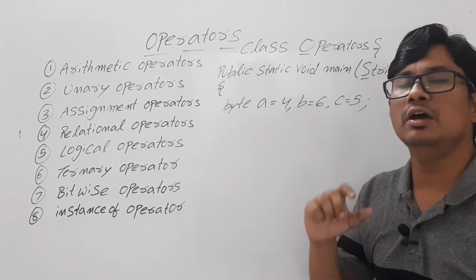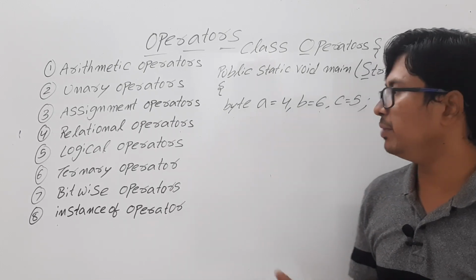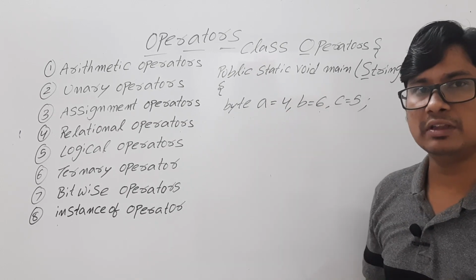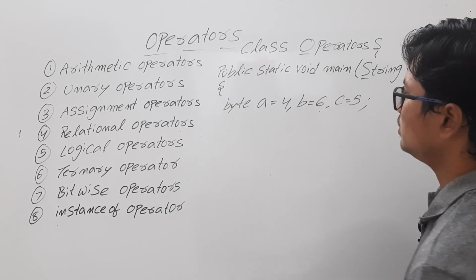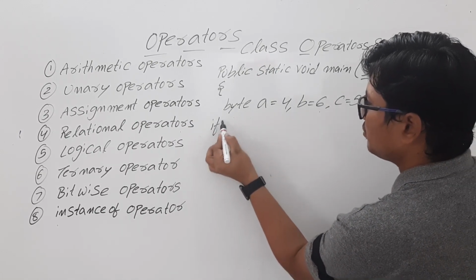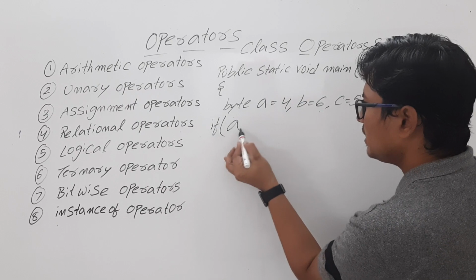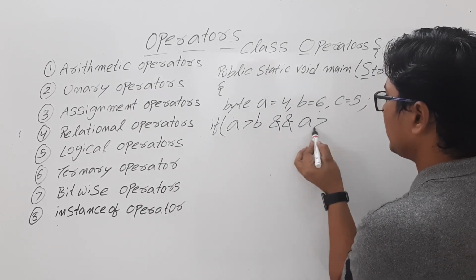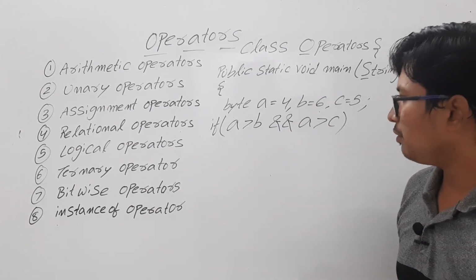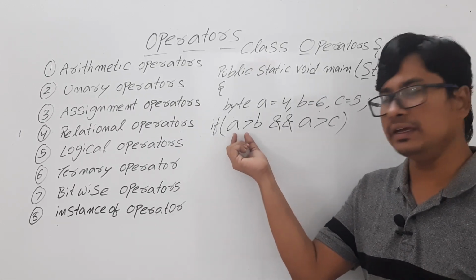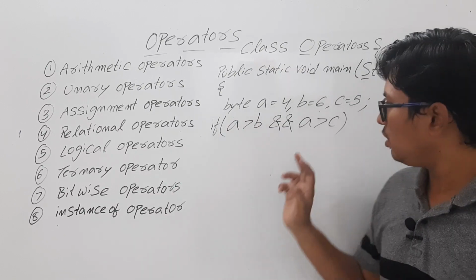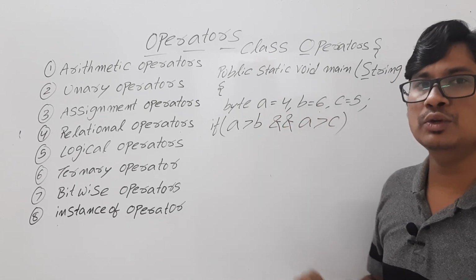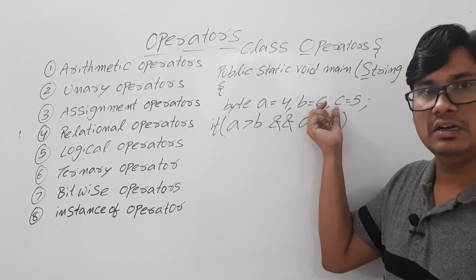Each variable will occupy 1 byte of memory, and you are assigning the values 4, 6, 5 respectively to the variables A, B and C. Now I am writing if A greater than B, logical AND A greater than C. Now let's take that A is greater than B and also A is greater than C. Then among A, B, C, you can say that A is the largest number.